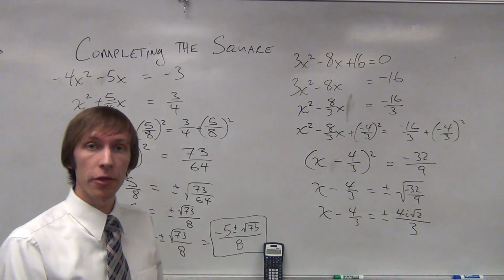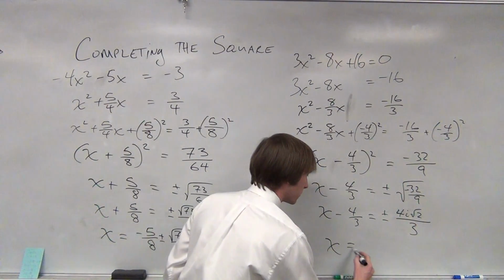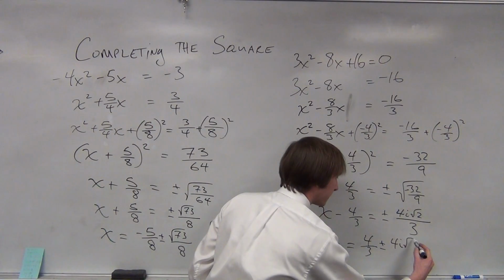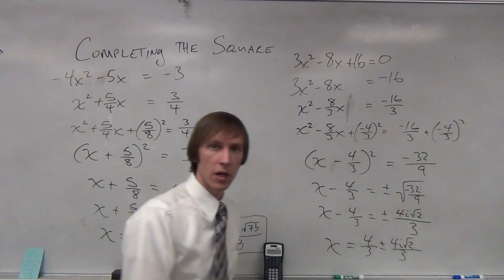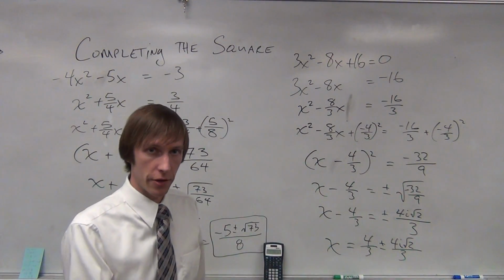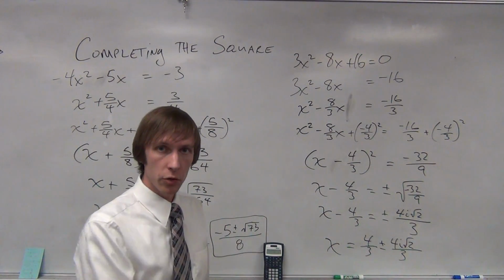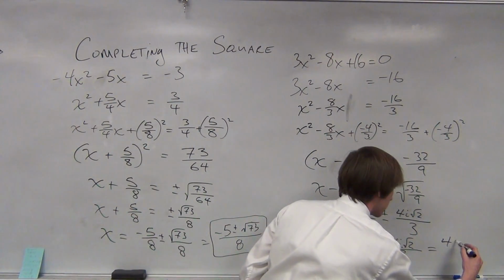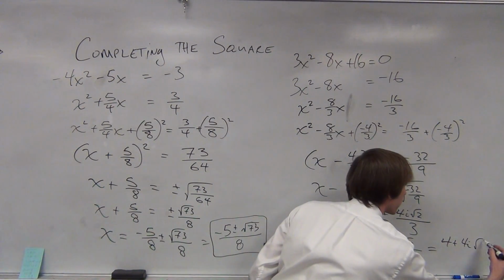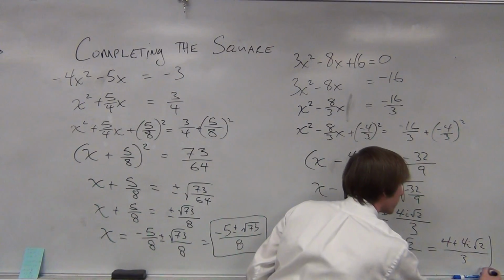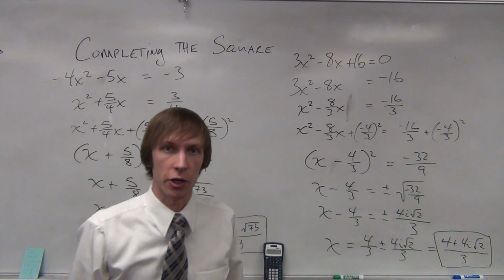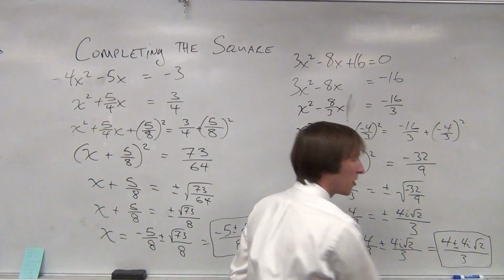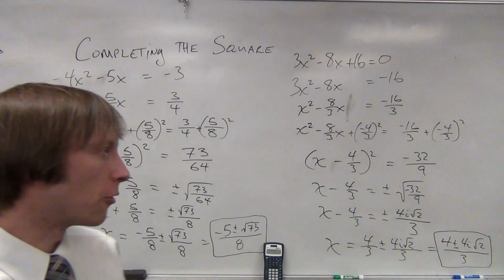Now we just need to add 4/3 on both sides. Again, these fractions have a common denominator, 3, so we can combine those and make it one term. And that gives us our complex solutions: 4 plus 4i radical 2 over 3 and 4 minus 4i radical 2 over 3.